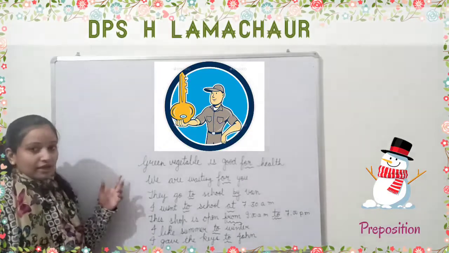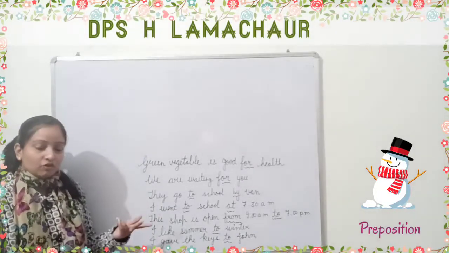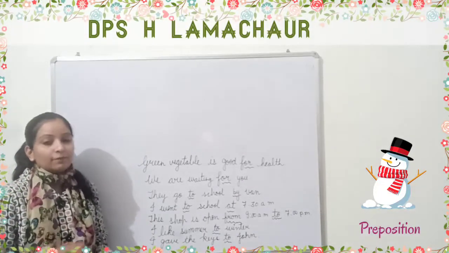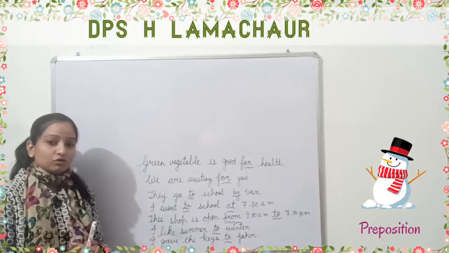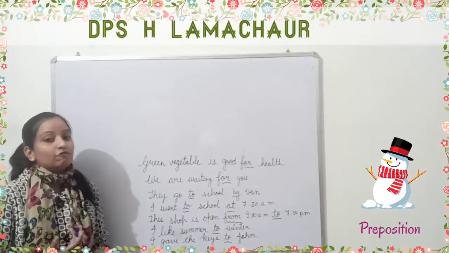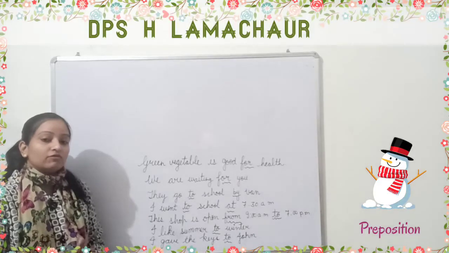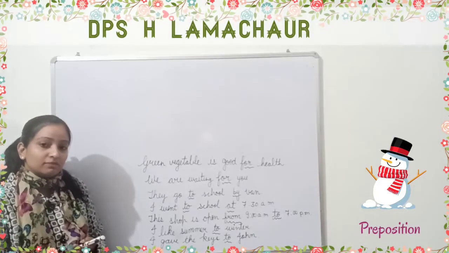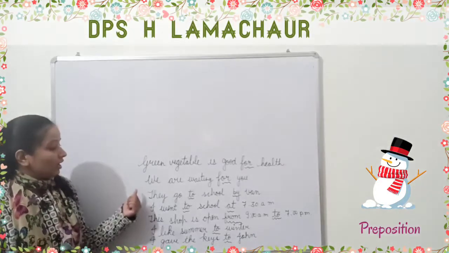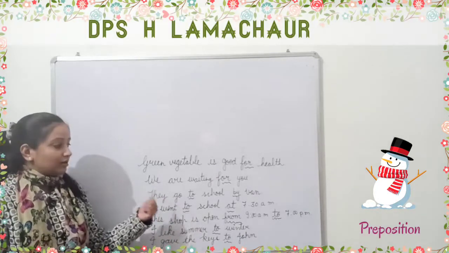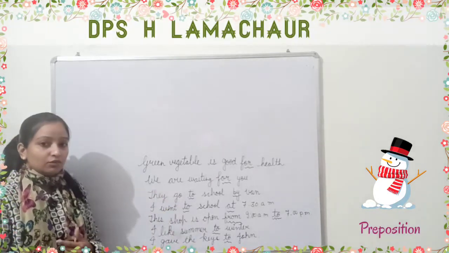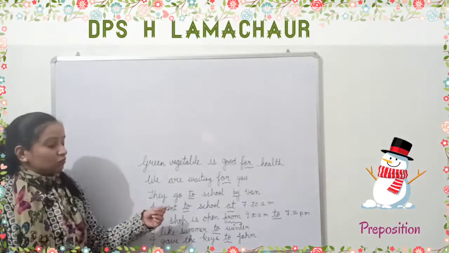So again, let us revise. Green vegetables are good for health. We use for. Why do we use for? We can use for to show the function, the purpose, or the reason of something. We are waiting for you. Here the reason is waiting for you. They go to school by... when?